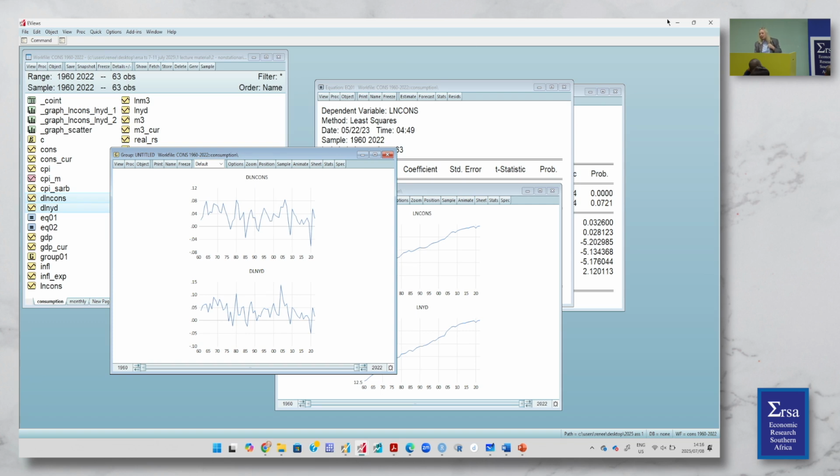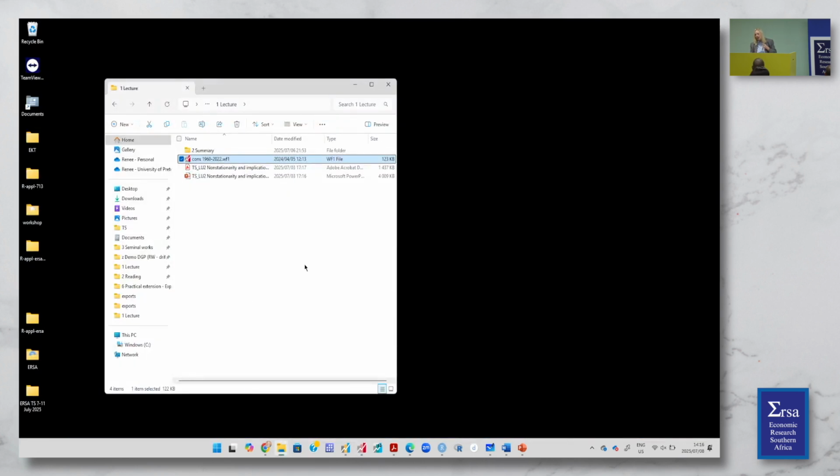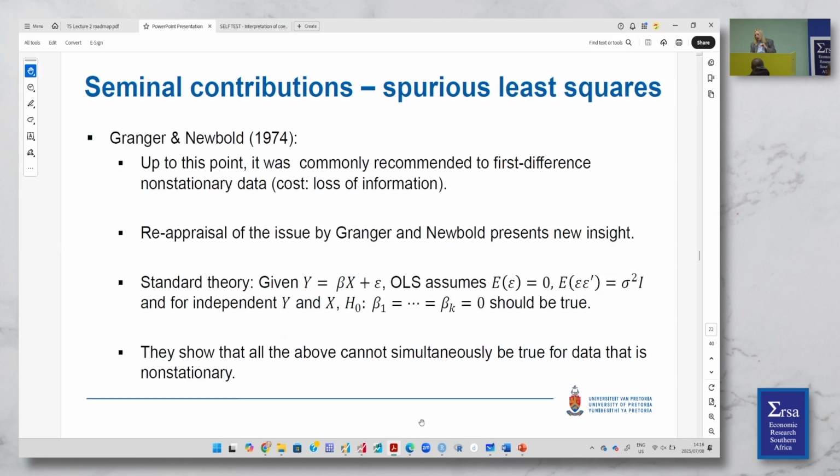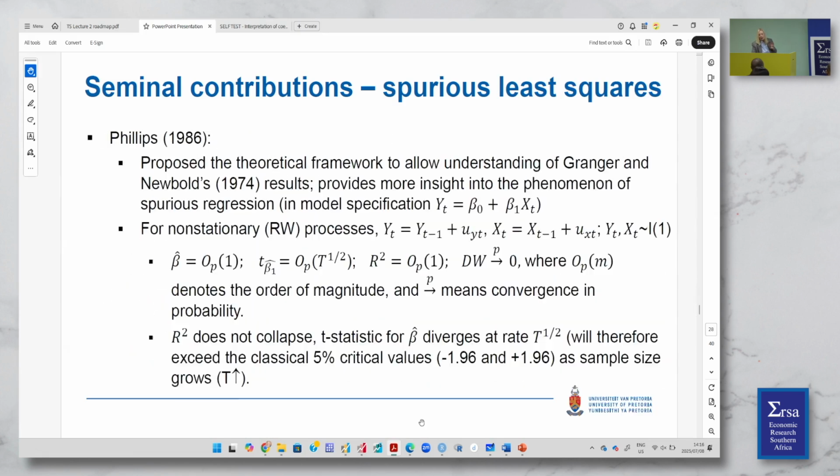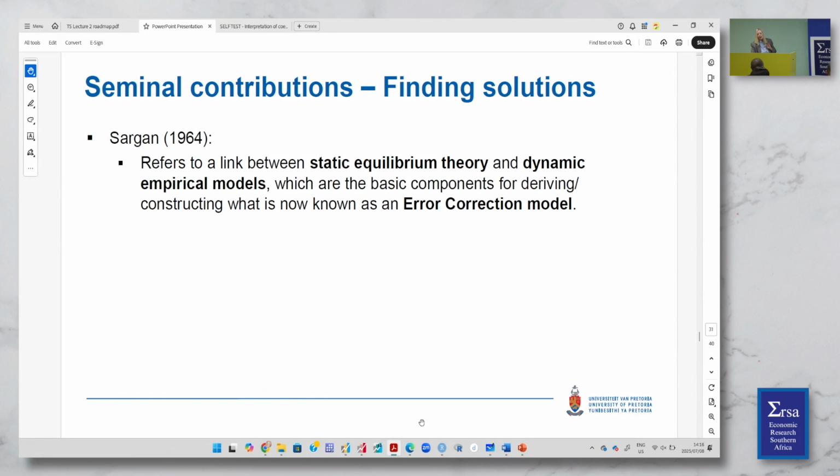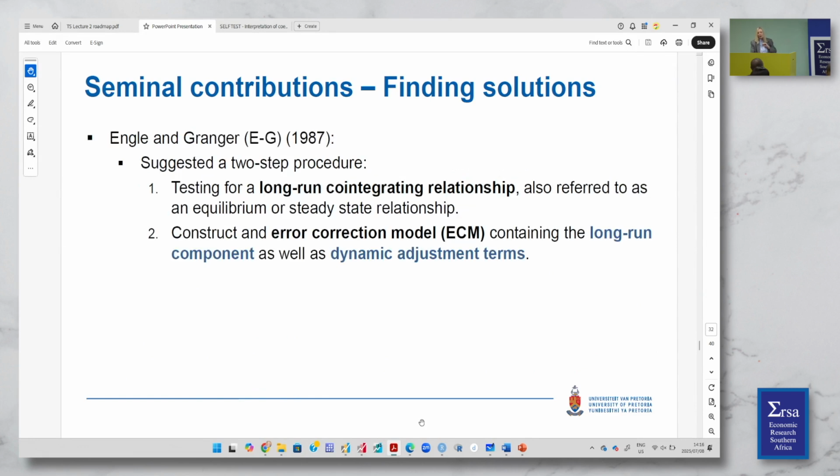we are going to rely on, and it is only Engel and Granger that finally formally put all the aspects together and said, there are two things that can help us to fix this problem.